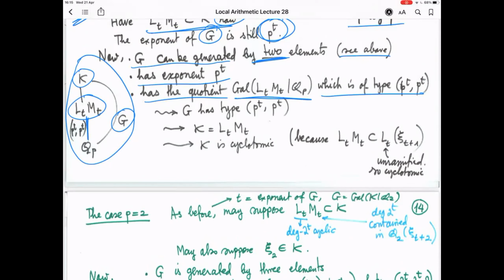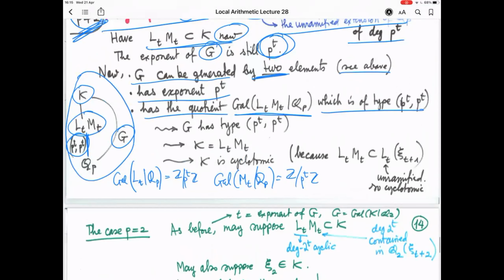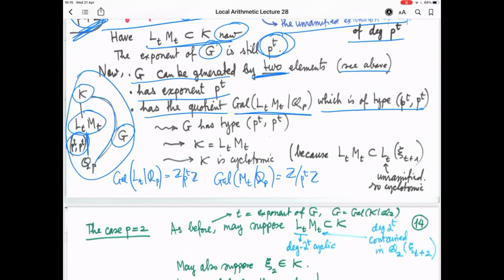The Galois group of L_t over Qp is Z mod p^t Z, and the Galois group of M_t over Qp is also Z mod p^t. So this is of type (p^t, p^t), and it is contained in this extension. So G has a quotient of type (p^t, p^t).